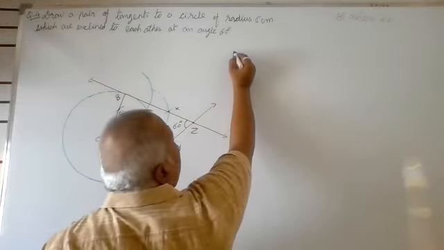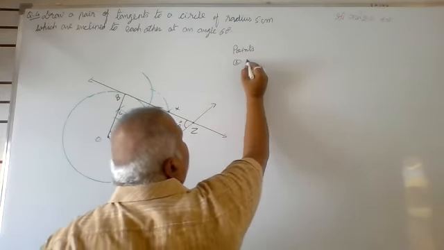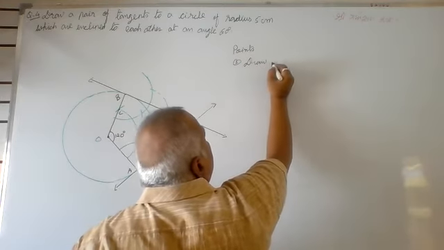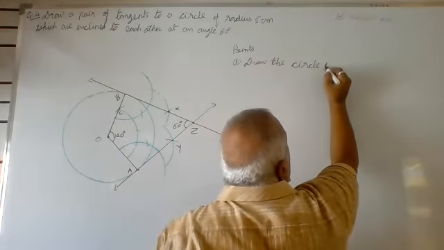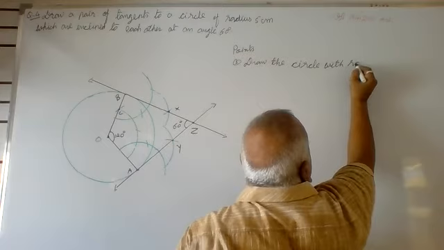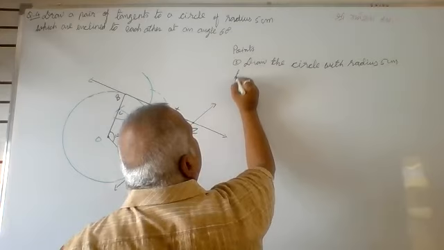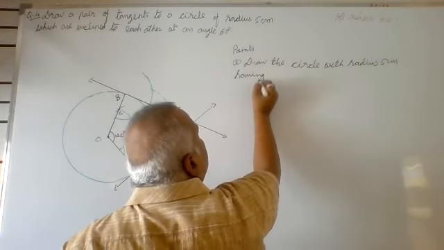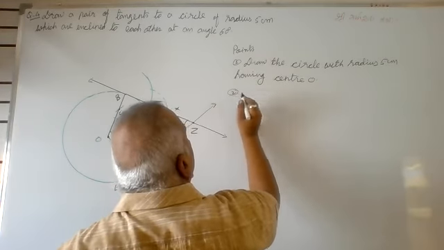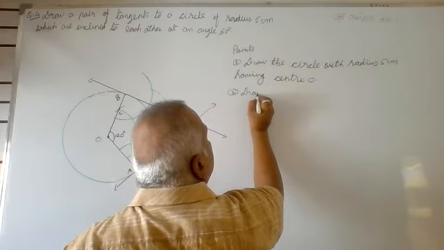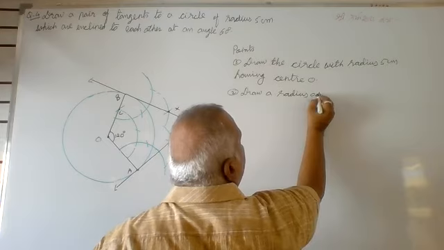Now here I will write down the points. First, draw the circle with radius 5 centimeter, having center O. Number 2, draw a radius OA.